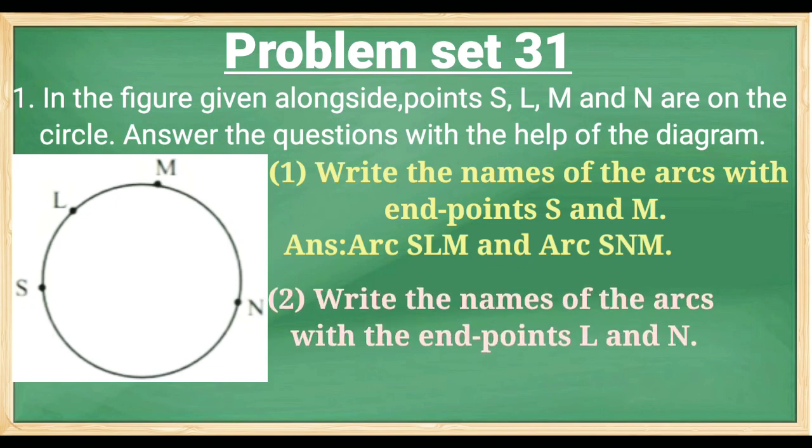Question 2. Write the names of the arcs with the endpoints L and N. So, the names of the arcs with the endpoints L and N are arc LMN and arc LSN.